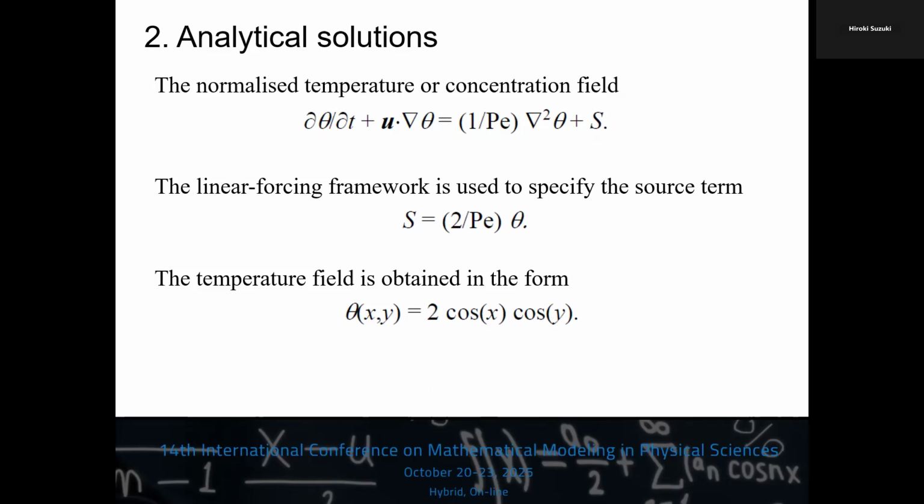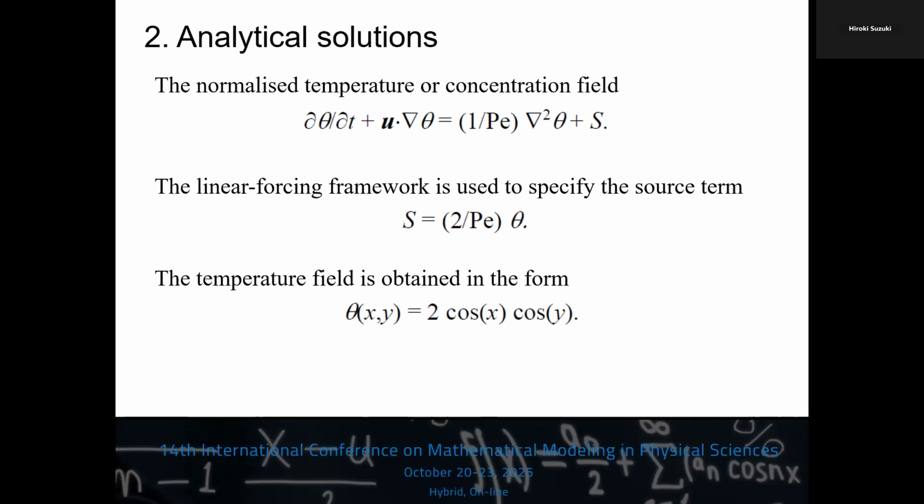The linear forcing framework adapted to the Taylor solution is used to specify the source term S in the advection diffusion equation as follows. Substituting the steady Taylor velocity field obtained above, and proceeding in analogy with the momentum equation, the source term can be chosen so that it cancels the diffusion term.